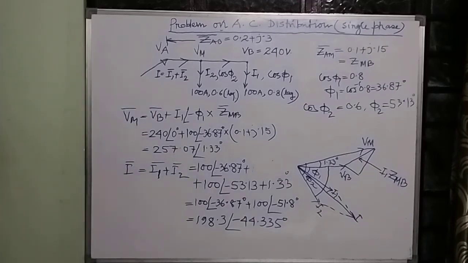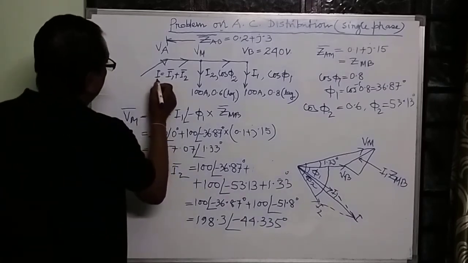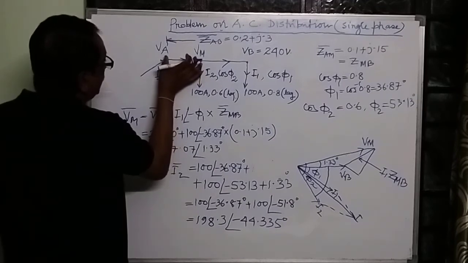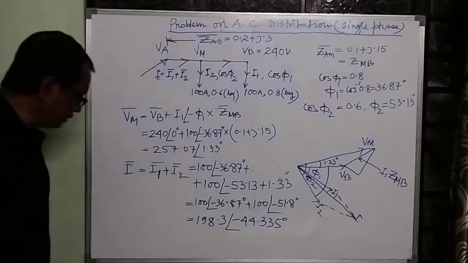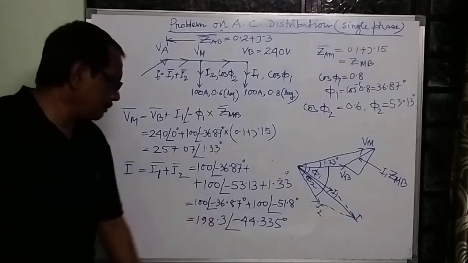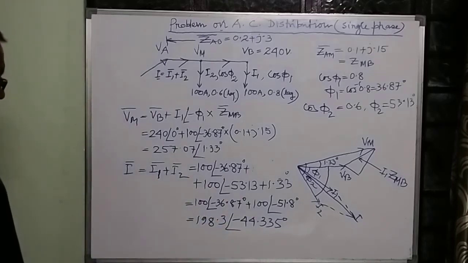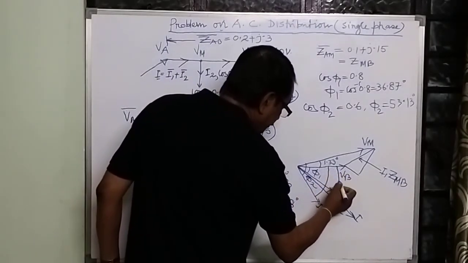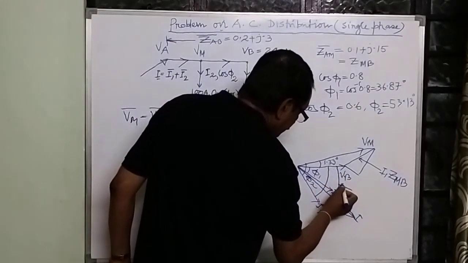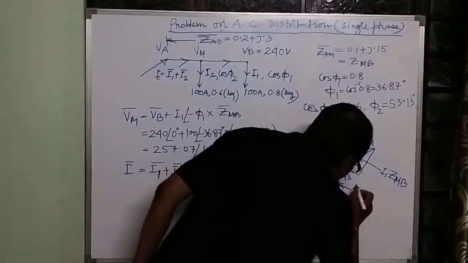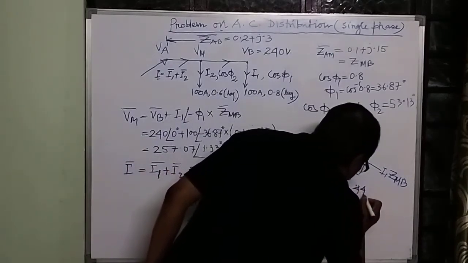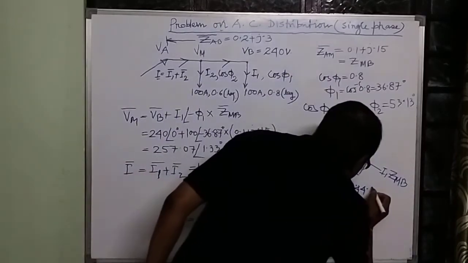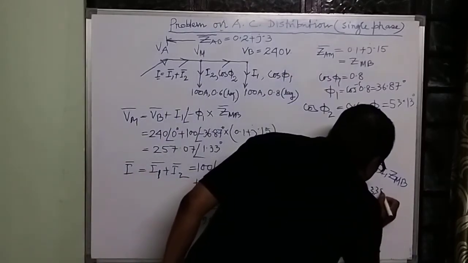So the resultant current in the AM section is 198.3, angle minus 44.33. In the vector diagram we can write this angle as minus 44.335.